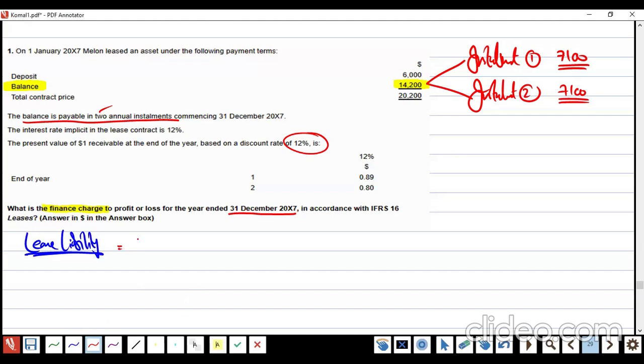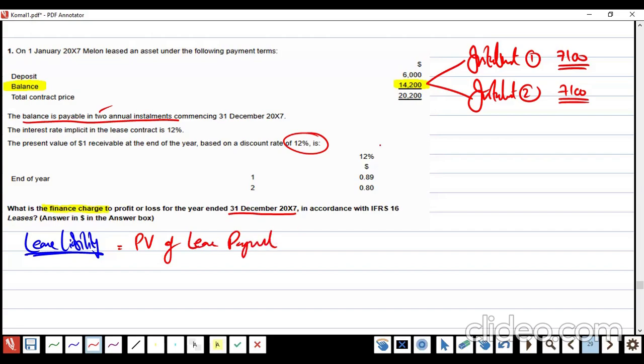Total rentals payable over total lease period. No, this is not a small asset. The lease liability is the present value of lease payments, right or wrong?